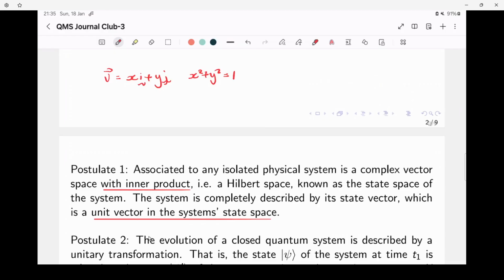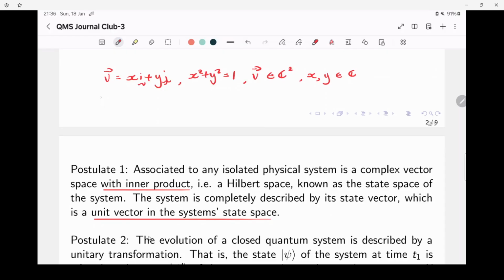Now, I might need to write this vector in a complex setting, because in a real setting you might not be able to see it. So basically, your vector v is a complex vector, which means that your x and y will be complex numbers.